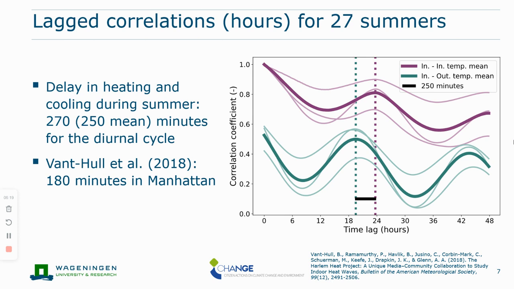Of course, for the purple line, the autocorrelation, a peak is at 24 hours because a daily cycle repeats itself every 24 hours. But when we look at the cross correlation, there's a shift, and that's 270 minutes. So this is that delay in heating and cooling I was talking about, what we observe.